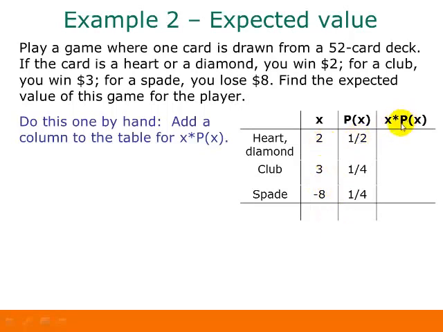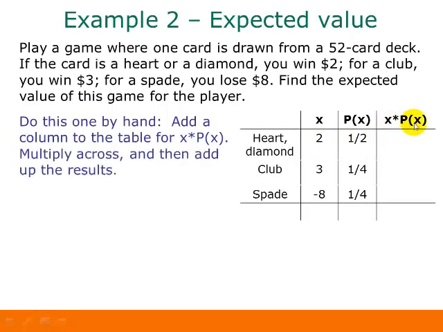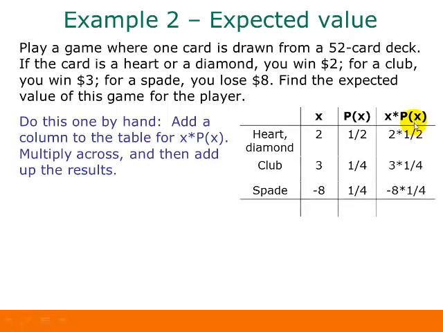So we're going to add a column to the table for x times p of x, and then we're just going to multiply across. So here we have 2 times 1/2, here we have 3 times 1/4, and here we have -8 times 1/4. And it is very important while you're doing this to include the negative numbers, include the negative if you have a negative value of x like we do in this case.